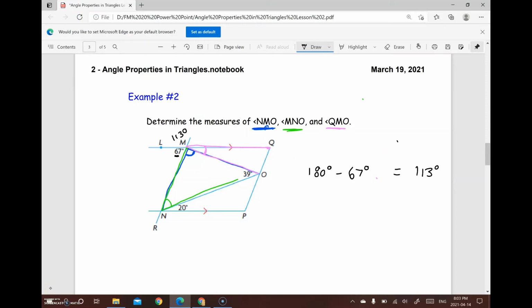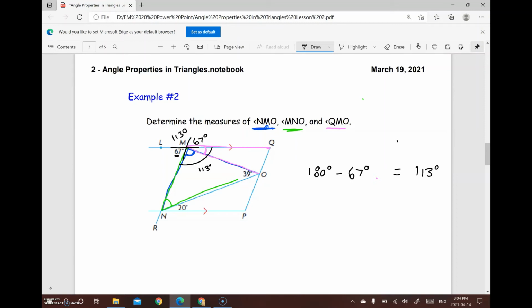Okay, so if that's 113, this other angle over here is 67 because of vertically opposite. Sorry about that, froze. So vertically opposite, and let's see, what else do we know? So here, these two angles together should be 113.